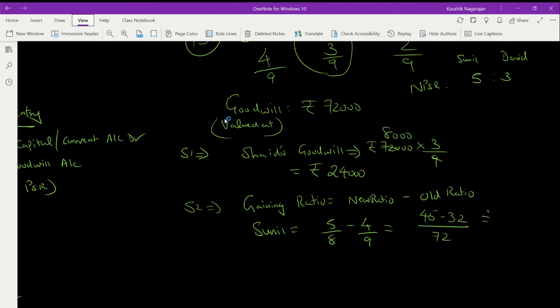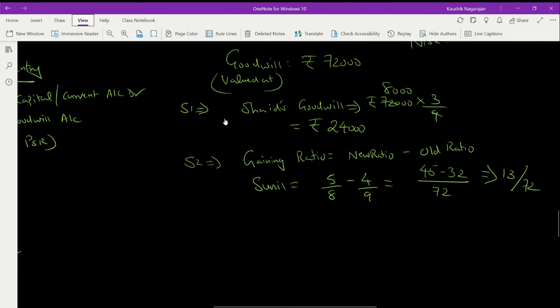The difference between these two is 13 by 72. It's coming in positive, so that means the partner has gained. Similarly, find out for the other partner.